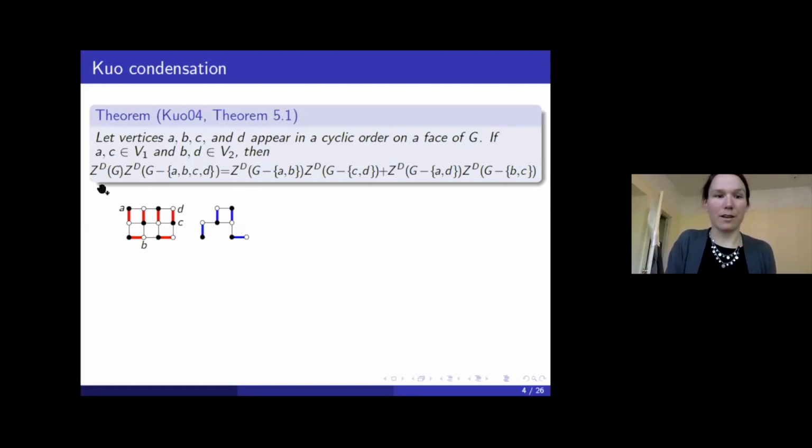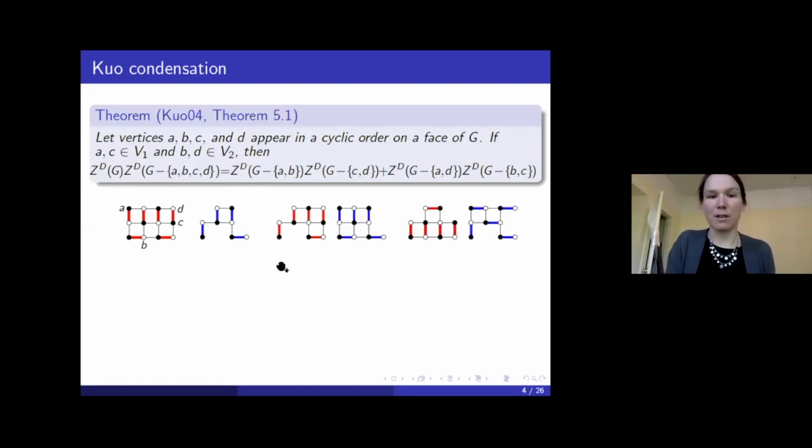So the generating function for dimer configurations of G times the generating function for dimer configurations of G with those four vertices removed is equal to the sum of products of generating functions of dimer configurations of modifications of G as shown.